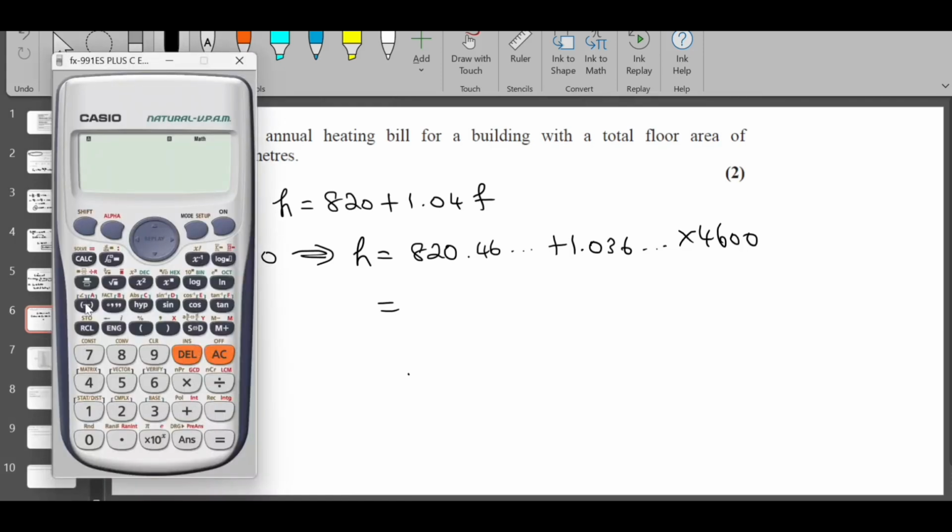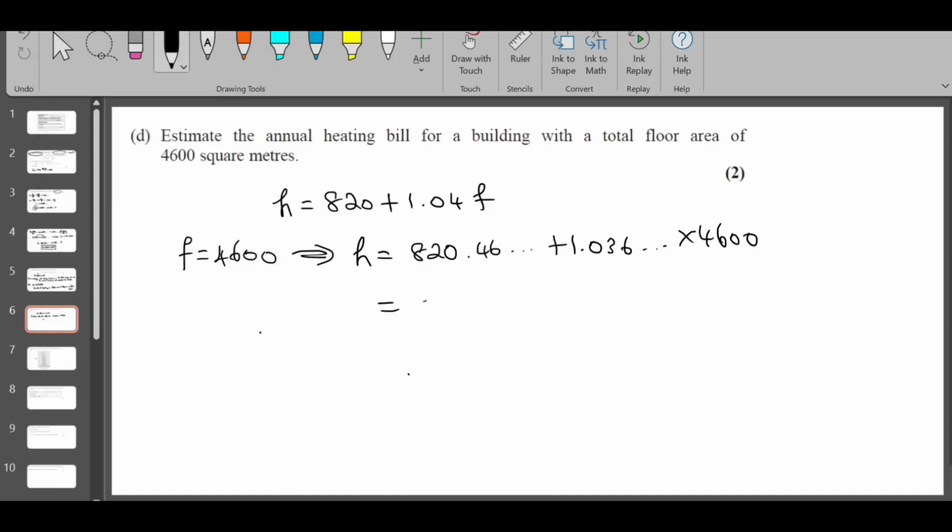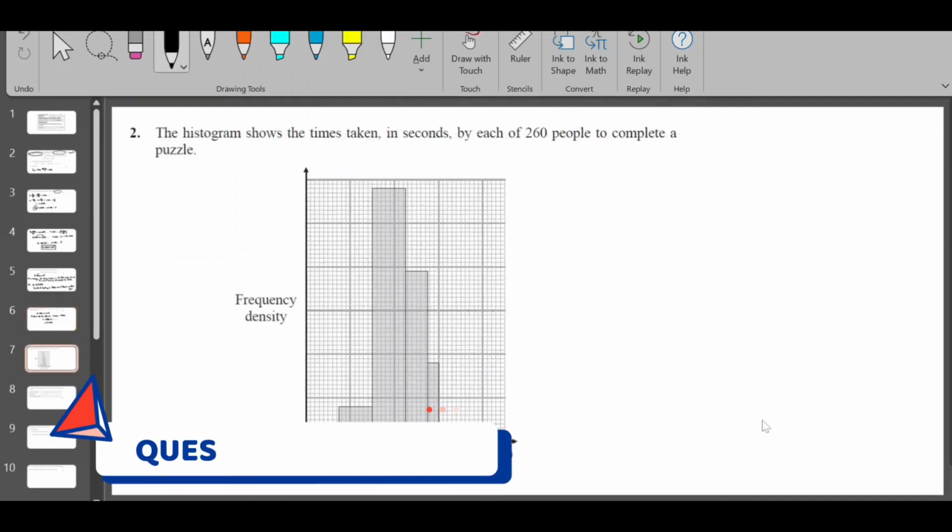So that's basically a plus b times 4600, 5588.31, etc. You can round it to three significant figures and write it as 5590. That's all.